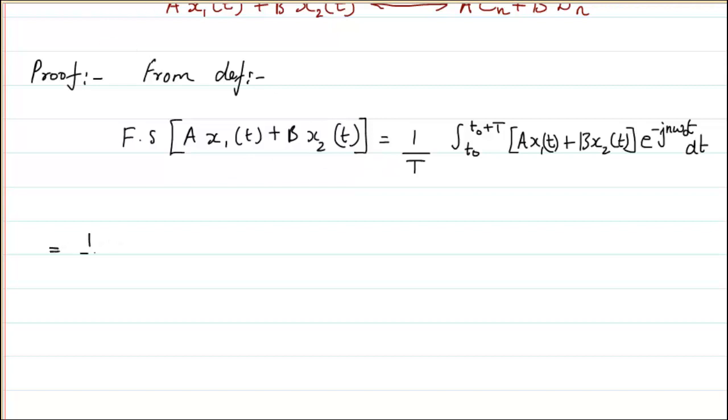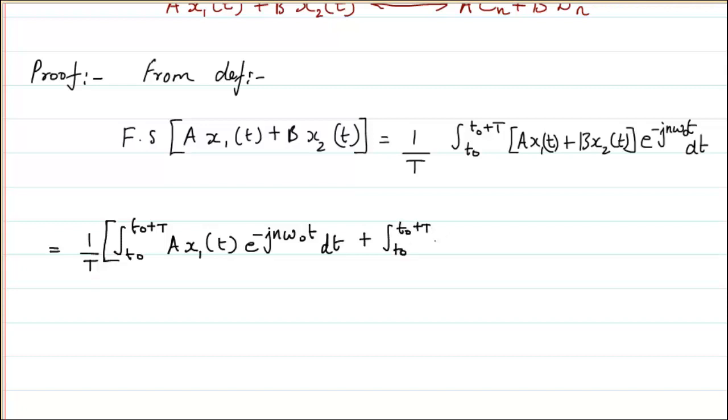So that is equal to 1 by T integral t0 to t0 plus capital T a x1 of t e raised to power minus jn omega naught t dt plus integral t0 to t0 plus capital T b x2 of t e raised to power minus jn omega naught t dt, from which you can see that I can take a and b outside the integration, and similarly 1 by T is common for both of them.